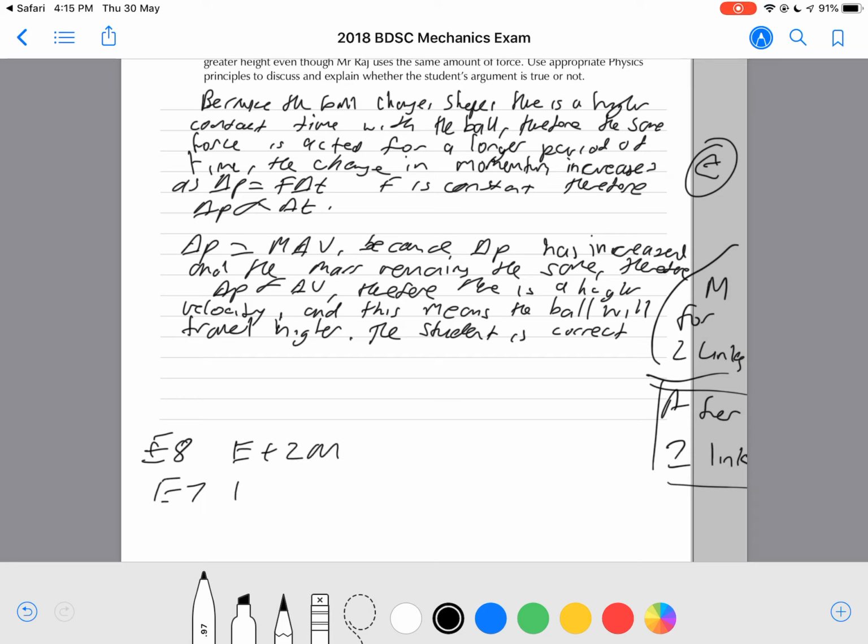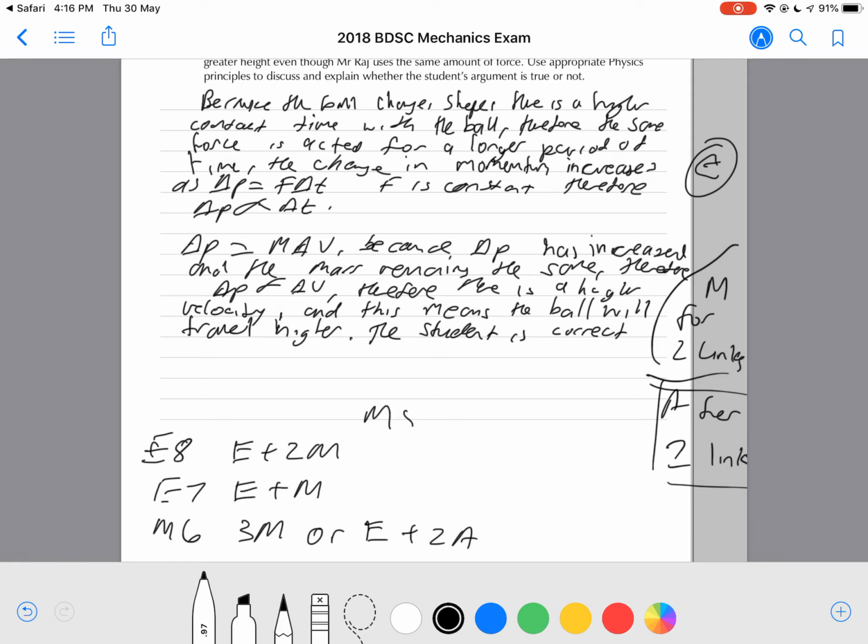To get an E7, you're looking at E plus M. For M6, sorry, M6 is 3 merits or an excellence plus 2 achieved.